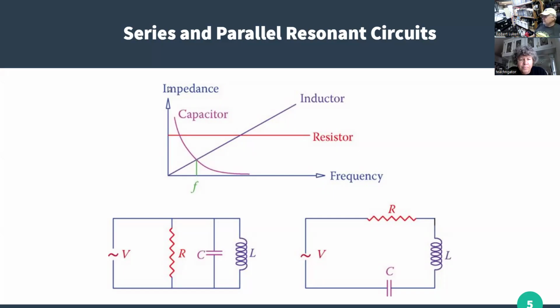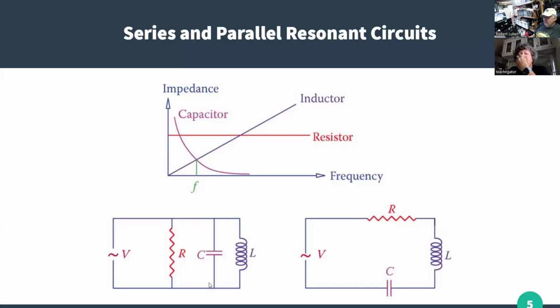It's infinite ohms at zero frequency. And as the frequency increases, it goes to zero. The inductor is the opposite, where at zero frequency, or DC, it has 0 ohms of impedance or reactance and increases to infinity at infinite frequency.